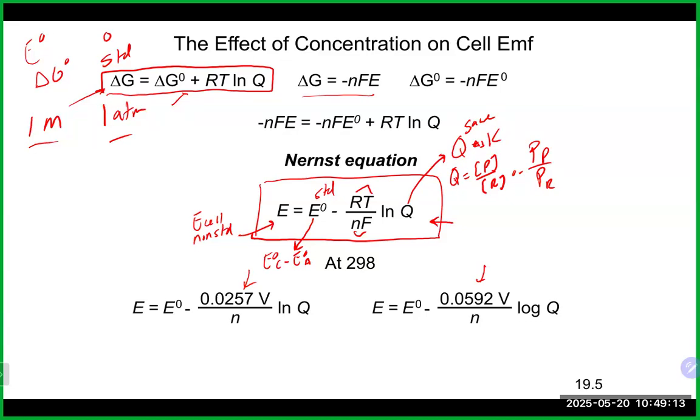By the way, if you cannot remember the previous equation, which had the equilibrium constant, you can remember the Nernst equation.